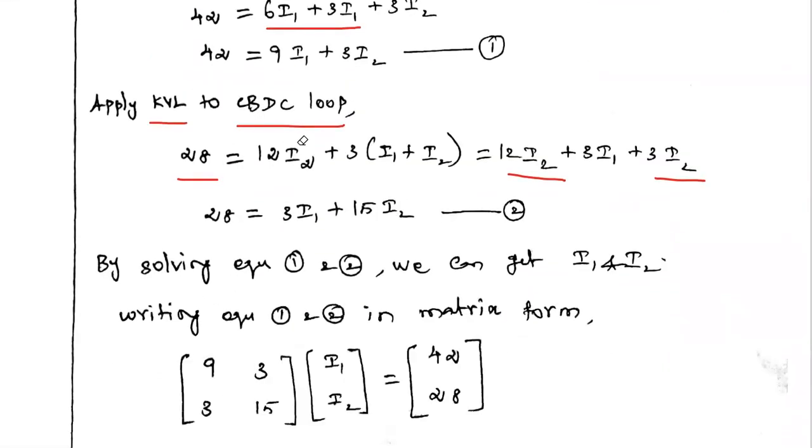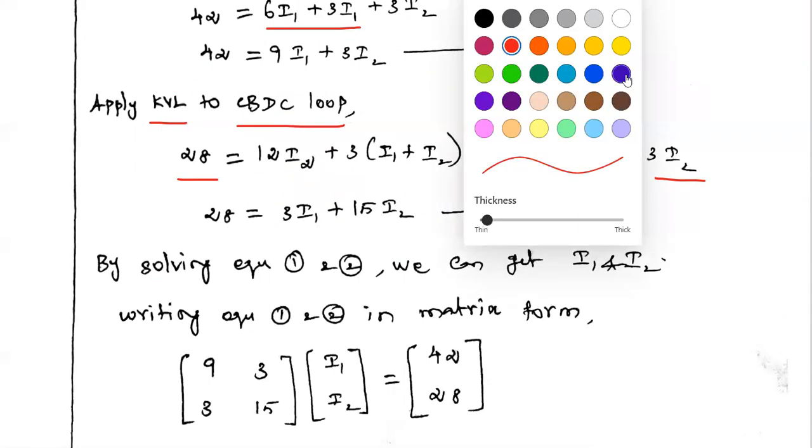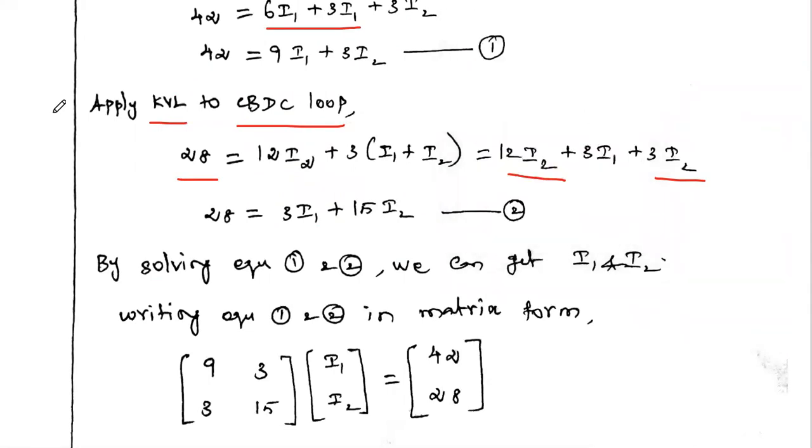Now we are going to solve these two equations using the matrix method. This is the simple method. You write equation number 1 and equation number 2 in matrix form. How many variables are there? I1 and I2.